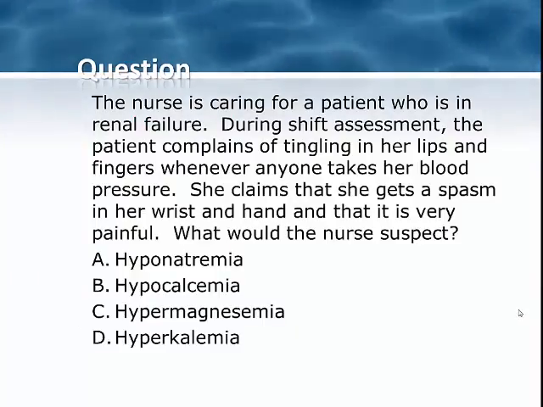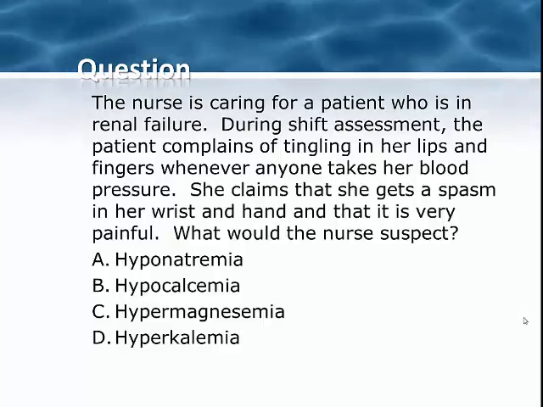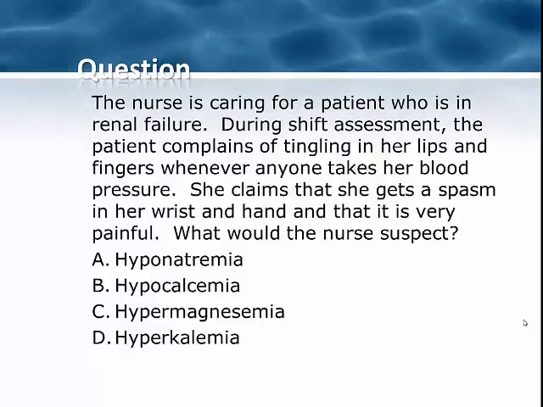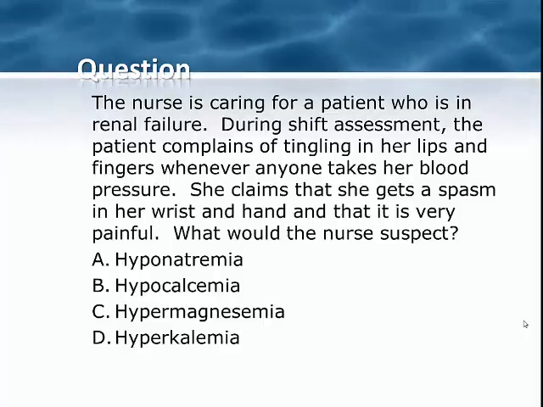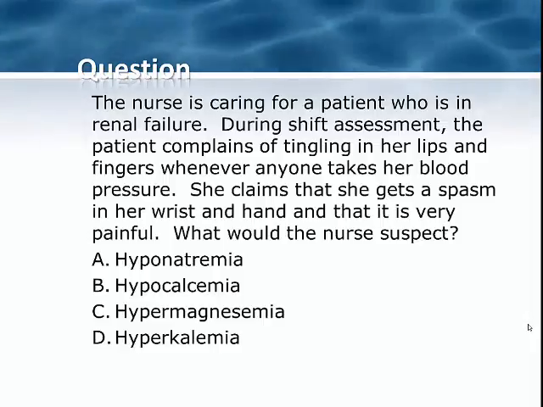So here's another question. The nurse is caring for a patient who is in renal failure. During a shift assessment, the patient complains of tingling in her lips and fingers whenever anyone takes her blood pressure. She claims that she gets a spasm in her wrist and hand and that it is very painful. What would the nurse suspect?